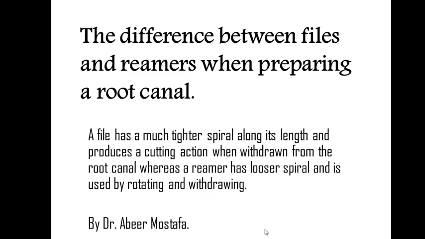So in case of reamers, we rotate and withdraw. In case of files, we cut and withdraw. Okay, when we cut, we withdraw, while in case of reamers, we rotate and withdraw.